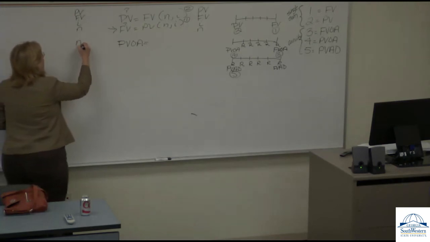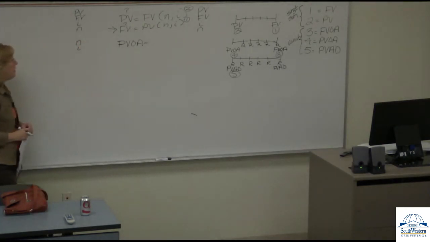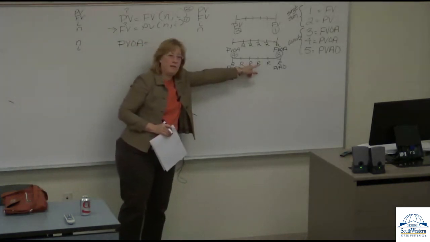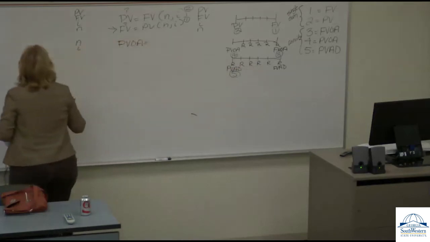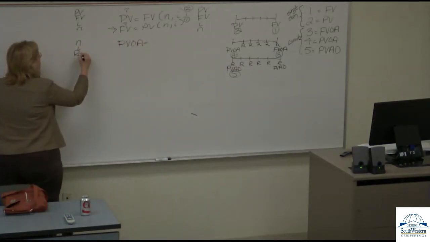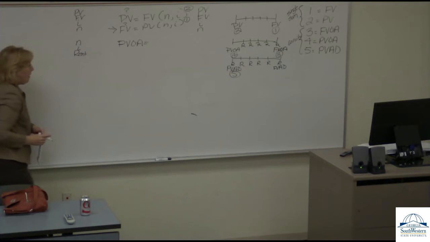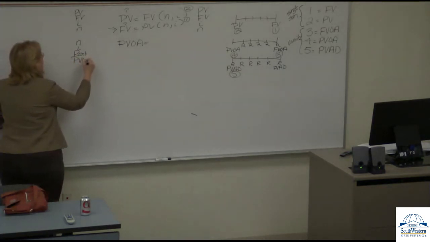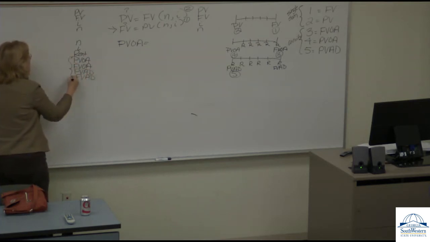We still have N and I, but we also have this rent. This is one of our variables, okay? So we have the rent, and then we have either a present value or a future value of an annuity problem. We have one of these.